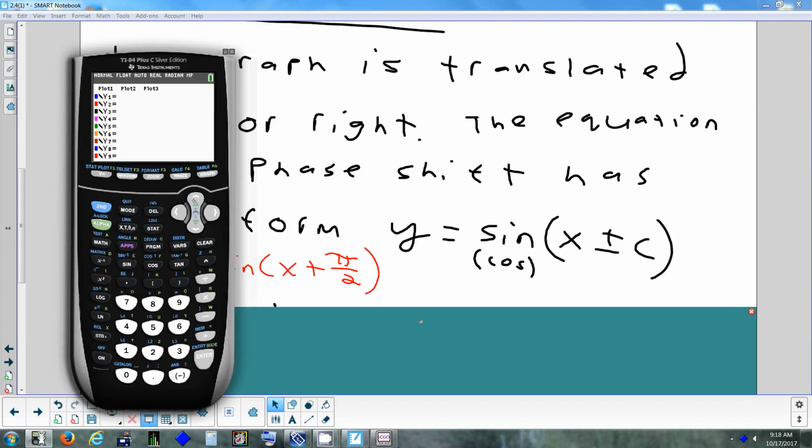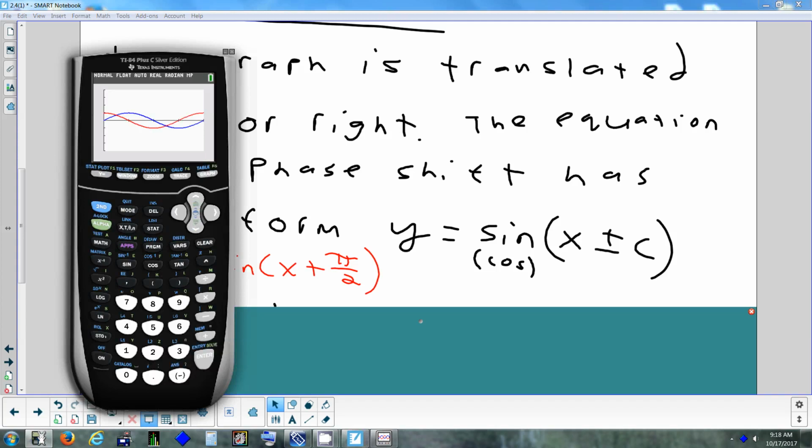Let me take sine of x, and then let me take sine of x plus pi over 2. And let's see what it looks like. There's the original. There's the shift in red.